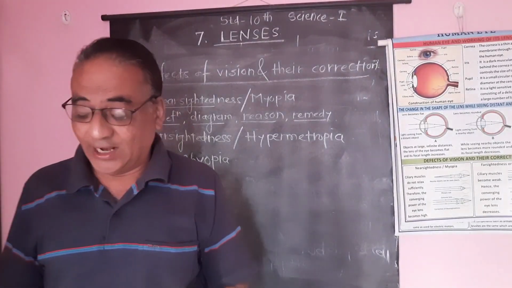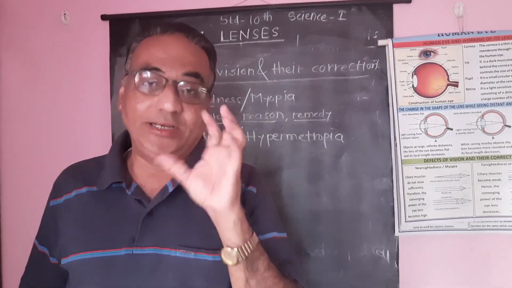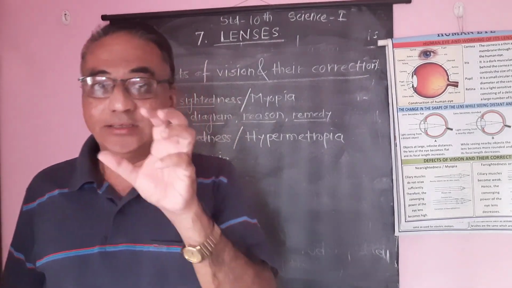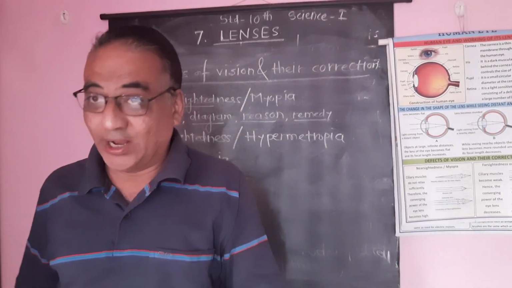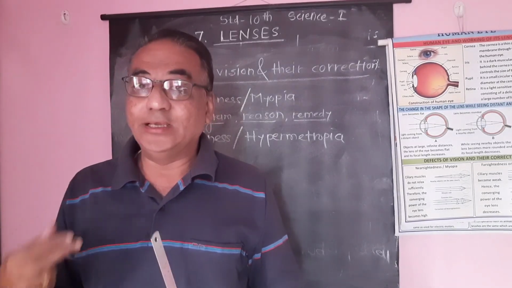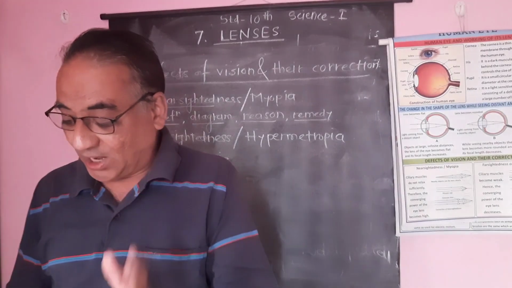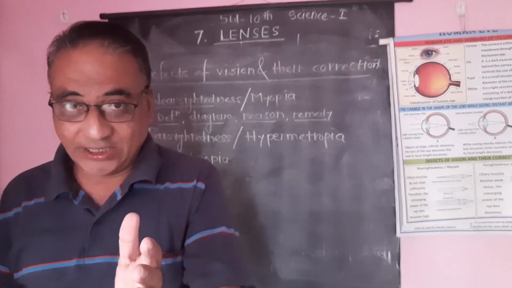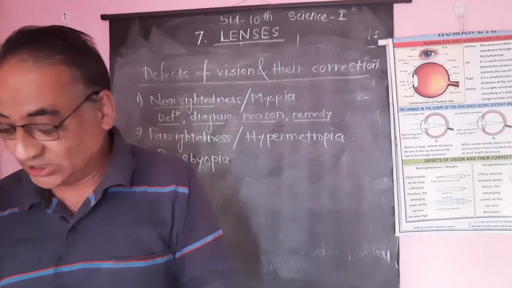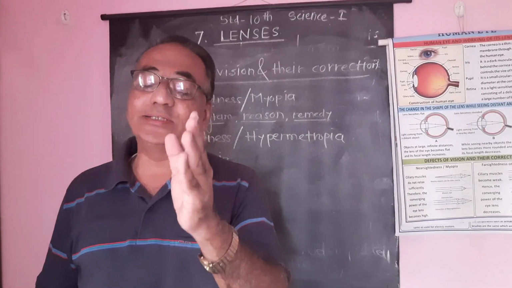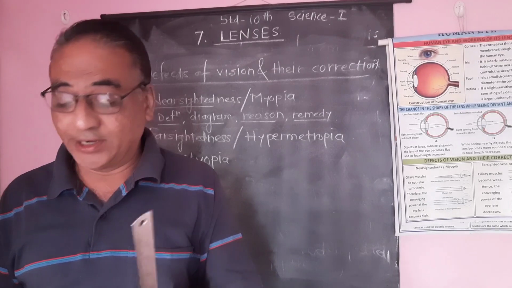At that time the lens loses its ability to change the focal length, and due to that sometimes people suffer from nearsightedness, that is myopia, or farsightedness, that is hypermetropia. In such a case bifocal lenses are required to correct this defect.